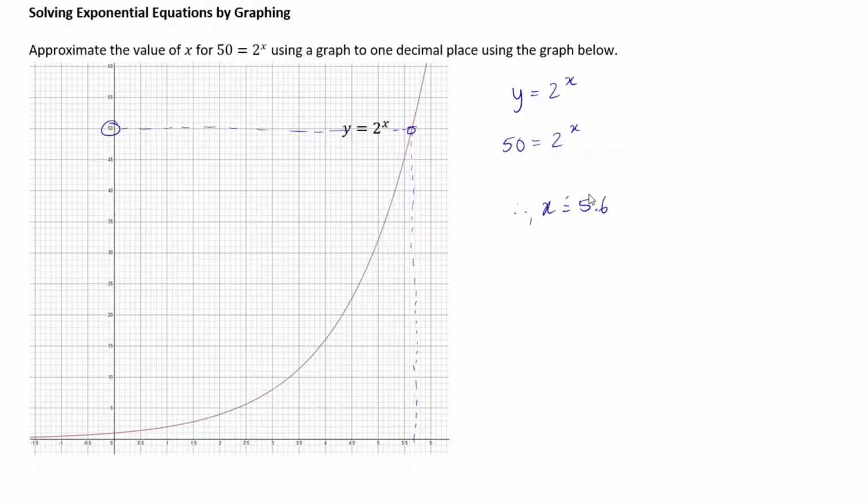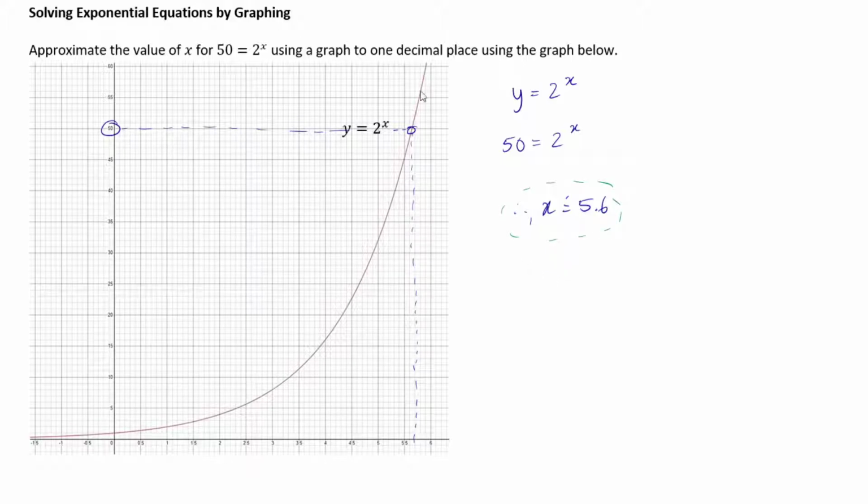You could also say, well, is it 5.7? So you could try 5.7, but you would find that you get a closer answer at 5.6. That is, 2 to the 5.6 is closer to 50 than 2 to the 5.7. So this is what we choose.